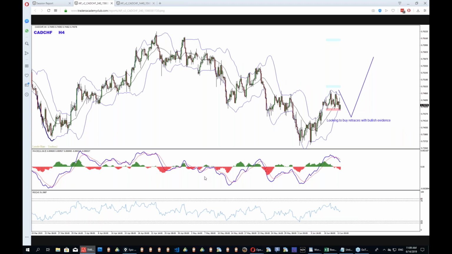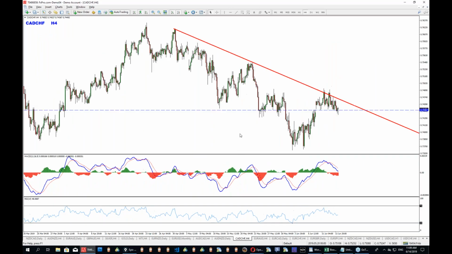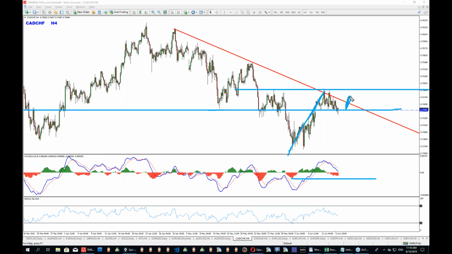And my idea would be that if we go ahead and break below this zone, which is a very, very powerful level, not having divergence yet, not having an impulsive move, not having a breakout of the highs or the trend line, this thing has all the reasons to continue lower.